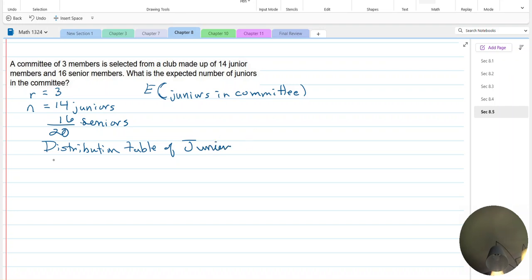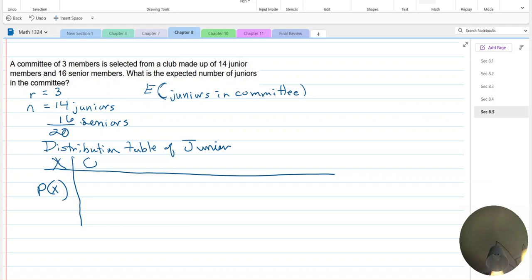Okay, so we have our X variable, and then we have our P of X.